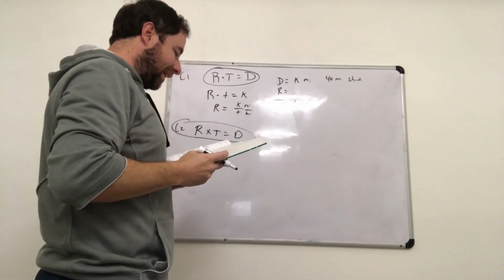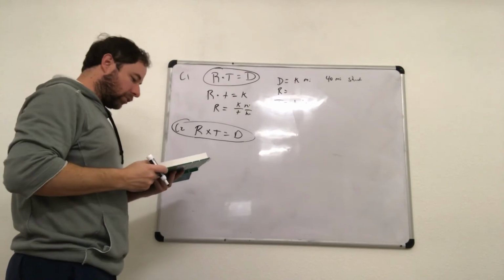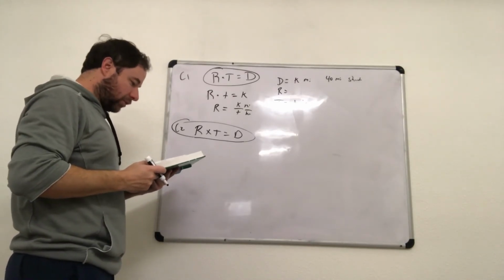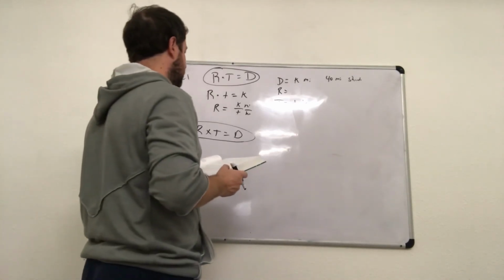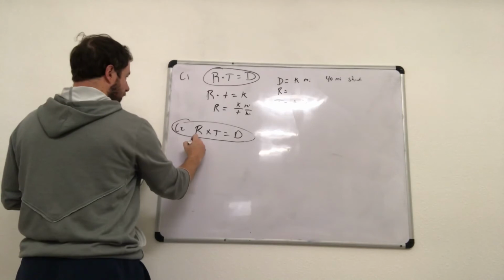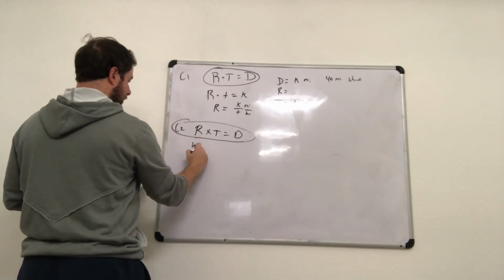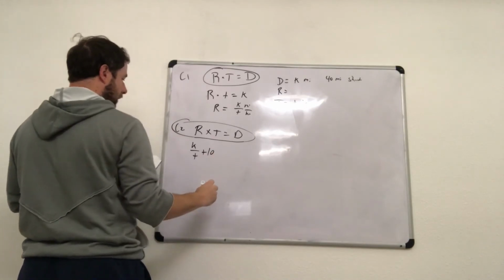Then it says the skipper tried again. How long would it take to reach the goal if she increased the rate of travel by 10 miles per hour? So if this is the rate, the new rate would be plus 10 miles per hour.